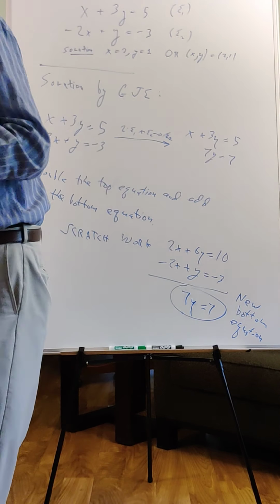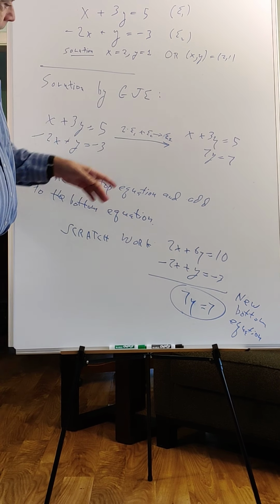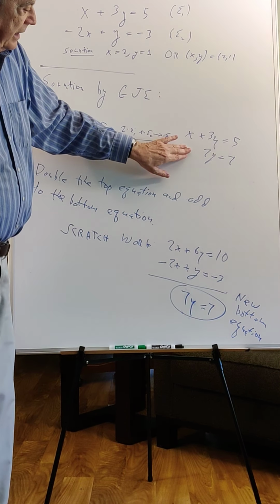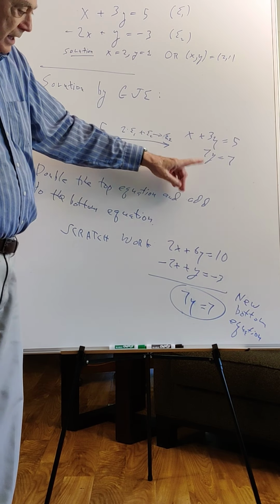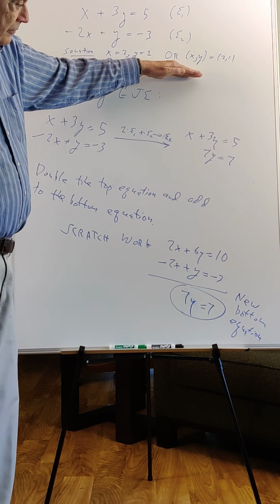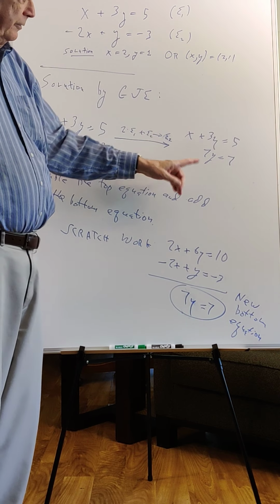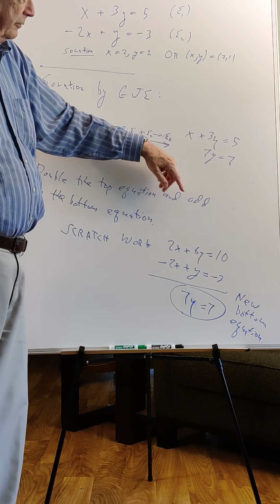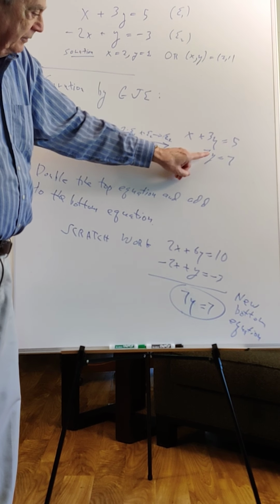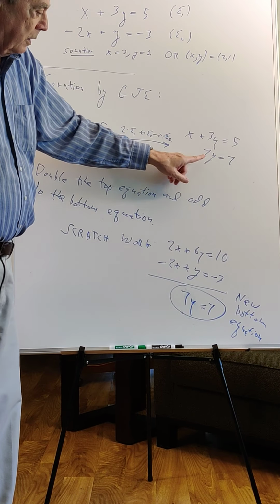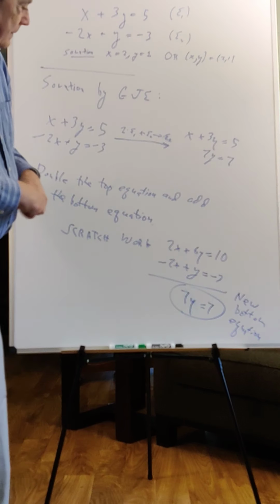Okay, now what we've gained is the x term is missing, so we can easily solve this equation. You remember when we had an example of one equation and one unknown earlier, that was a trivial problem. I forget what it was, 3x equals 12 or something like that. This is just as simple. 7 times y is 7, so y has to be 1, right?